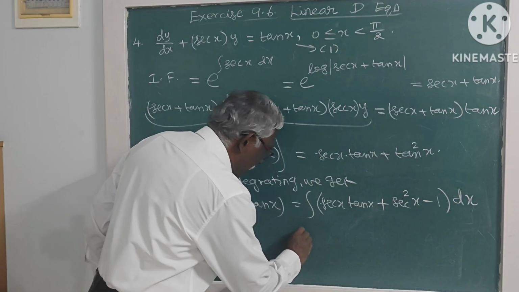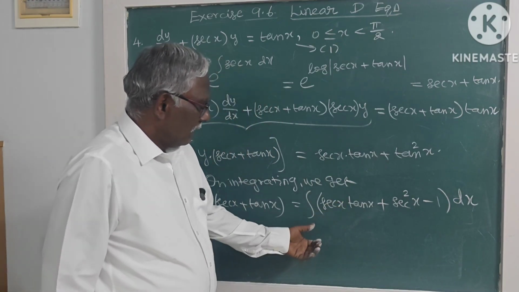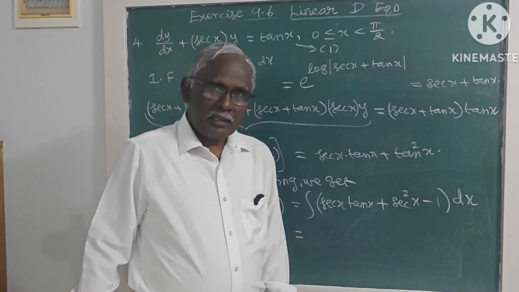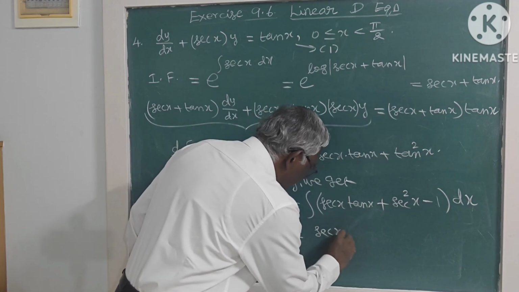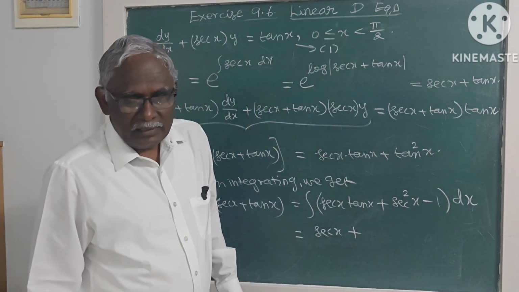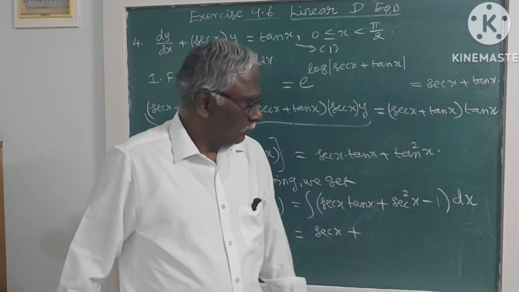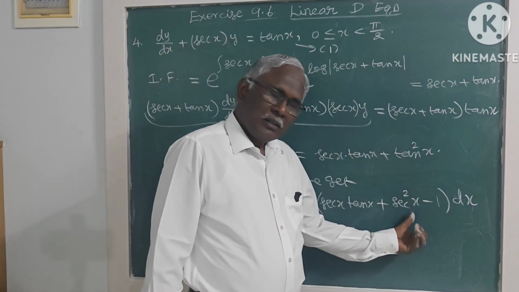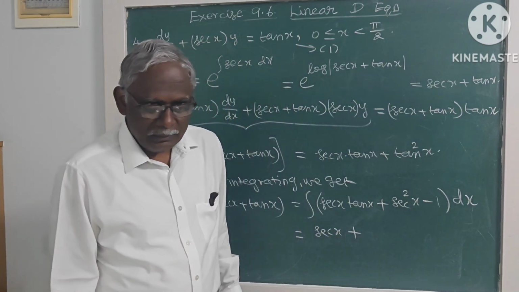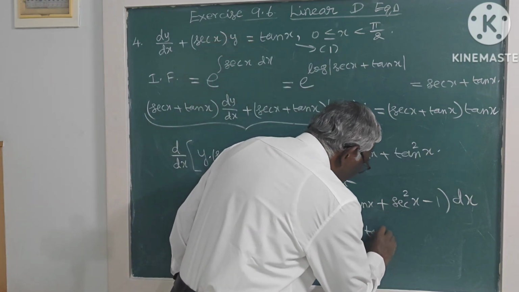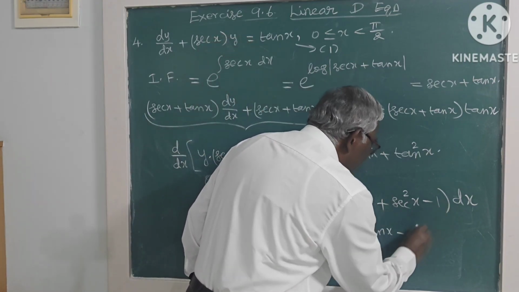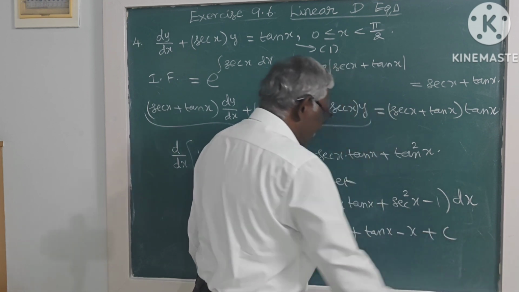Now, if we integrate, integral secant x tan x is secant x, because if we differentiate secant x, secant x tan x will come. If we integrate secant square x, what will come? Tan x. If we differentiate tan x, secant square x. So tan x minus x plus constant.